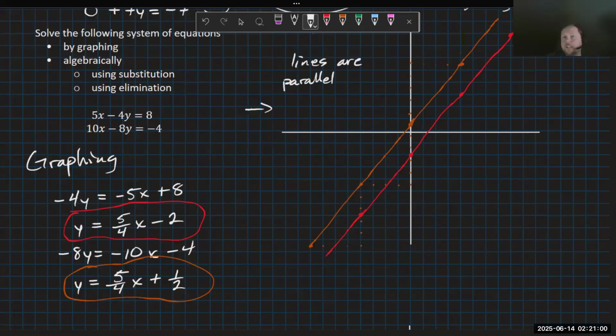So when you see parallel lines after graphing them, that means that you have an inconsistent system of equations, which means that there's no solution.